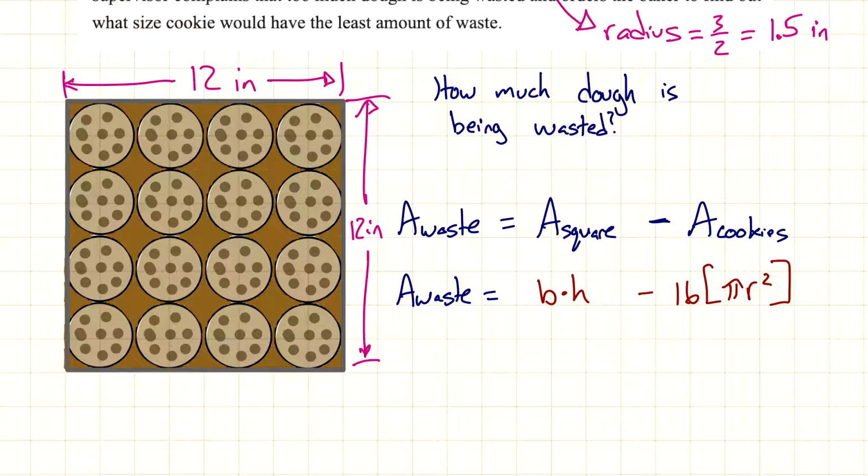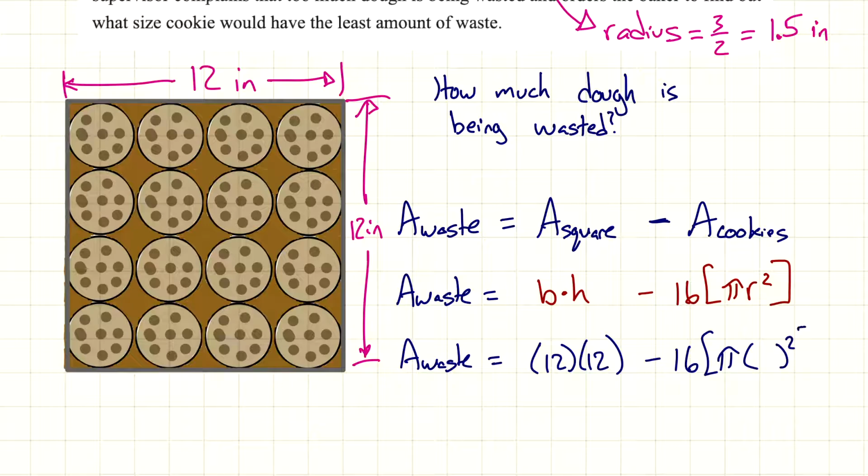And let's start with base and height. All right, so we're going to plug in 12 times 12 minus 16 times pi r squared.